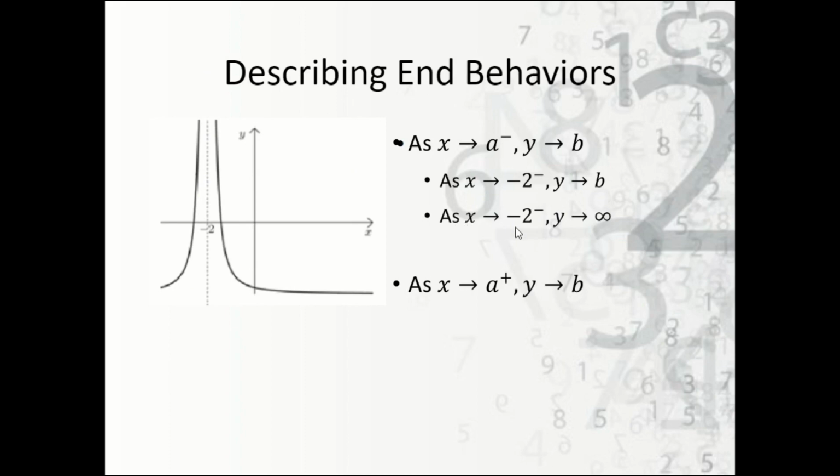So as x approaches -2 from the left side, y is approaching infinity. Now, if we look at as x approaches -2 from the positive side, so from the right side, as we get closer to -2, what is happening with the graph? Well, we can see it's going up and up and up, so y is also approaching infinity. This is how we can describe end behaviors.